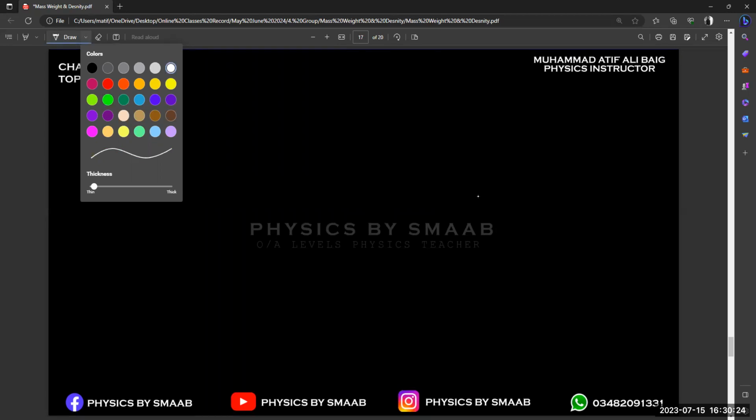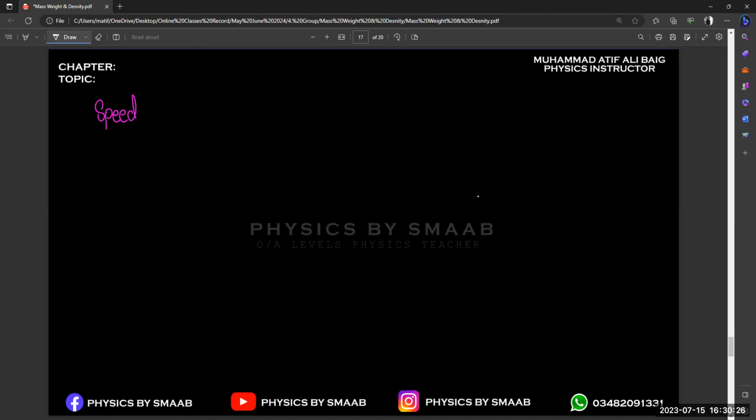So let's suppose we consider speed on the y-axis and time on the x-axis. In this particular condition, starting from zero, from the origin, we need to follow the variation in the graph.